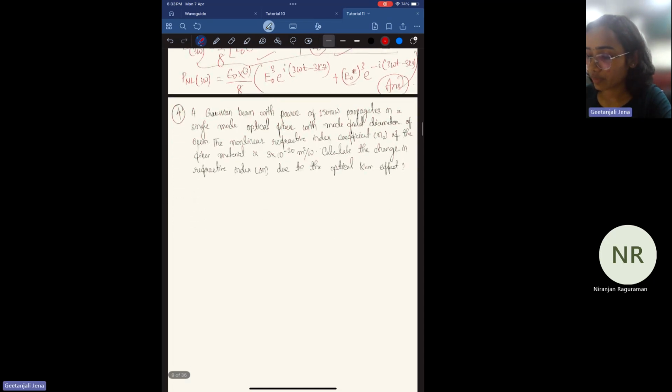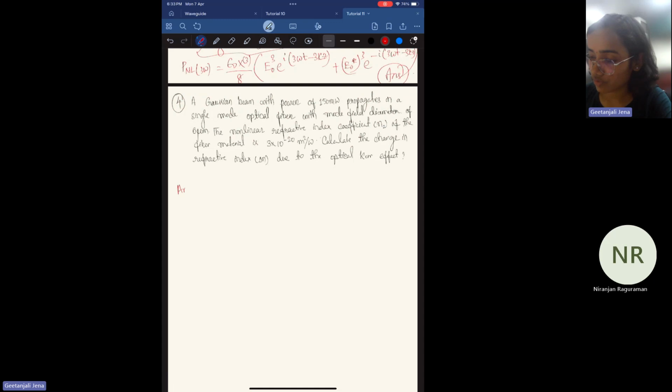Okay, so let us move to our next problem. Go through the question once and try to solve it, because I think it is related to question number 2. If you know the formula, you can find it out. Let me read out the question first in case it's not visible. There is a Gaussian beam with power of 150 microwatt, propagating in a single mode optical fiber with a mode field diameter of 6 micrometer.